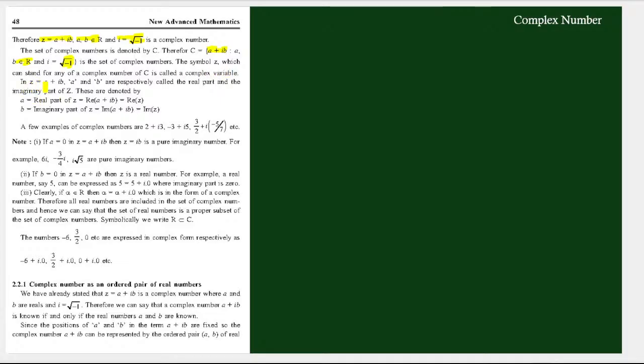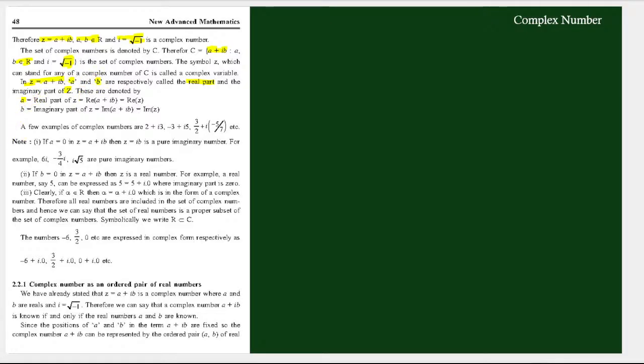So in z equal to a plus ib, a and b are respectively called the real part and the imaginary part of z. a is your real part and b is your imaginary part.